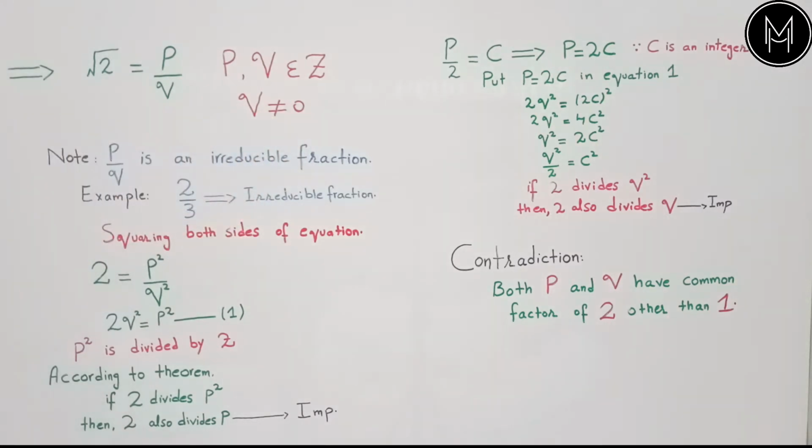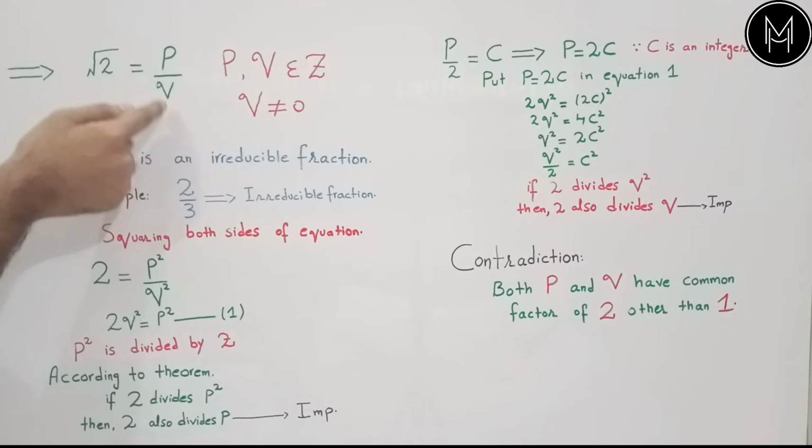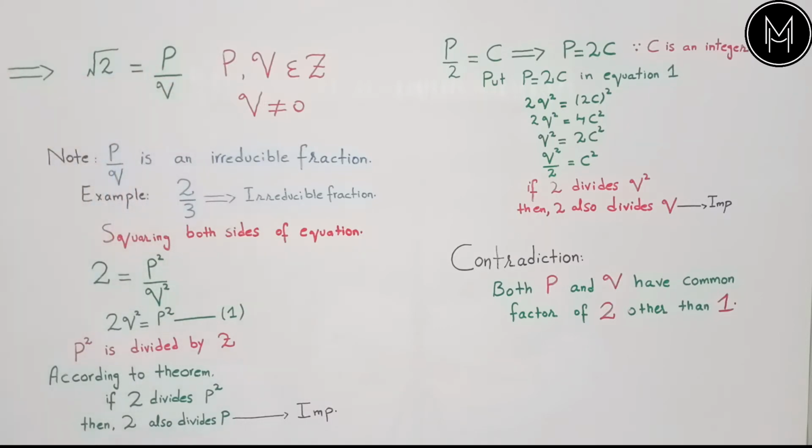Now, there is one important thing you should consider: p by q is an irreducible fraction. This means there is no common factor between p and q other than 1. Let me give you an example to better understand this concept. Let we have a fraction 2 by 3.